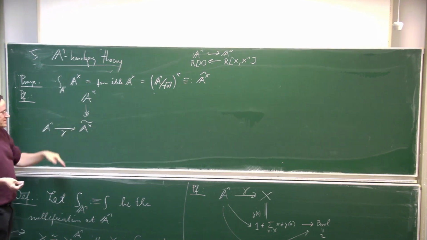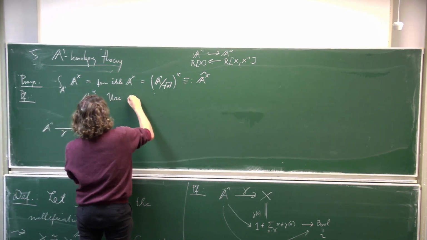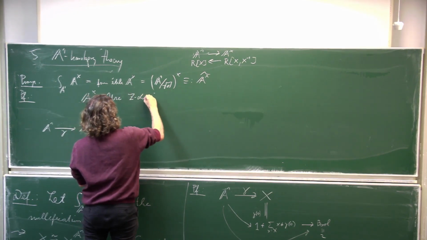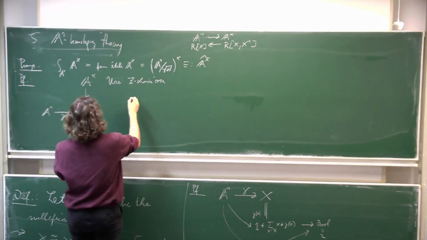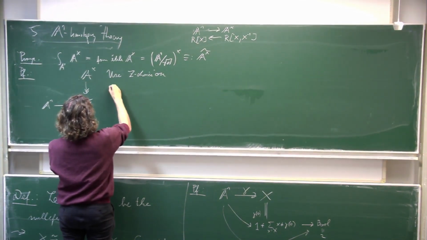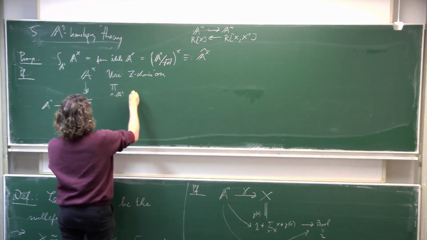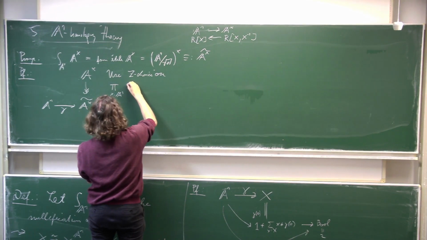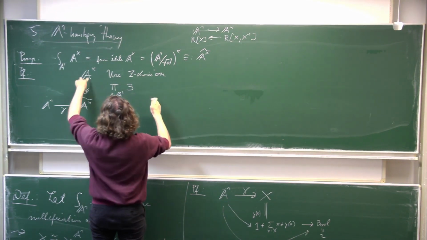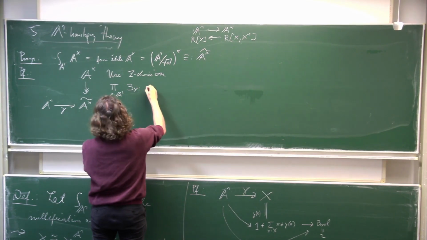We can use the Zariski local choice. So the point here is to use the Zariski choice on this type. So we have for all x in A1, which we can use choice of, there exists a pre-image of the image of gamma here.